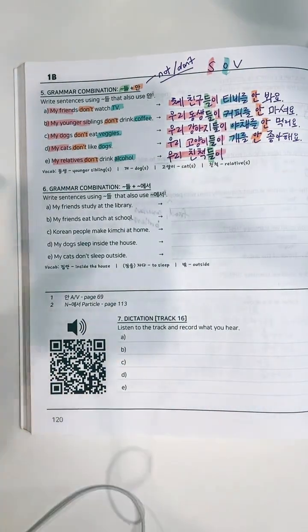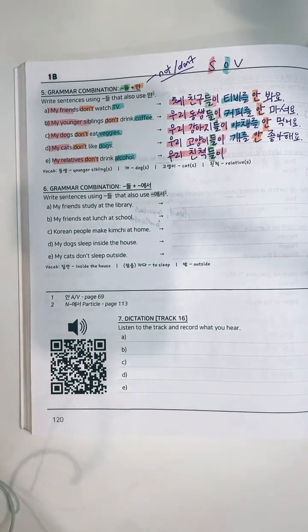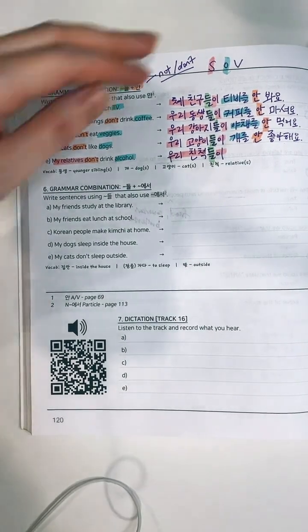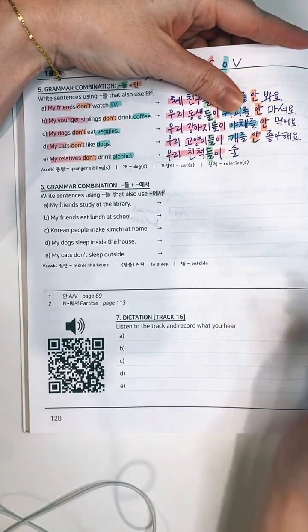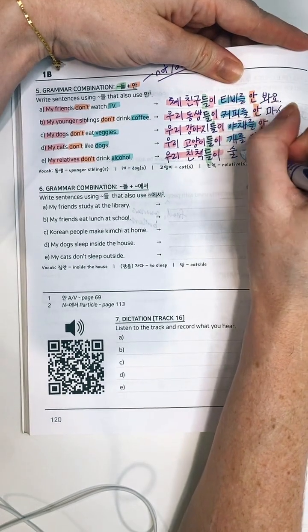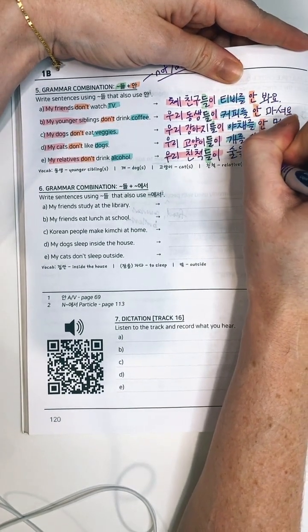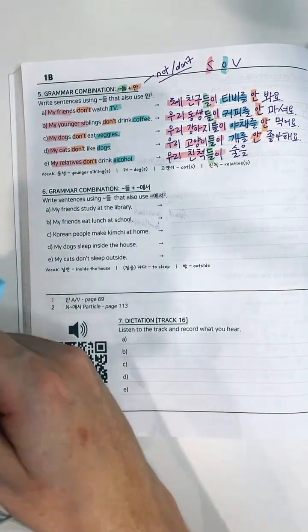Alcohol. Good job. Yeah, perfect. It is 술. 술 is alcohol, and it ends in a consonant, so we add the object particle: 술을.